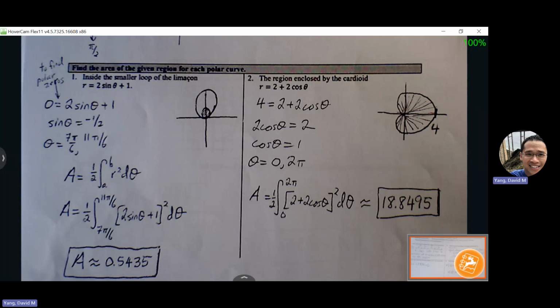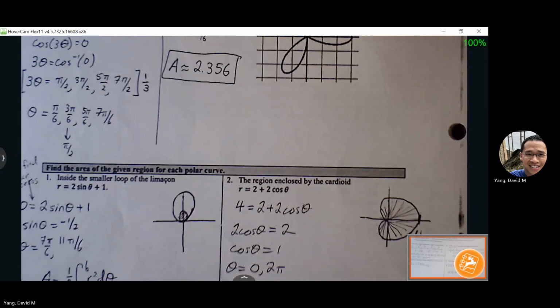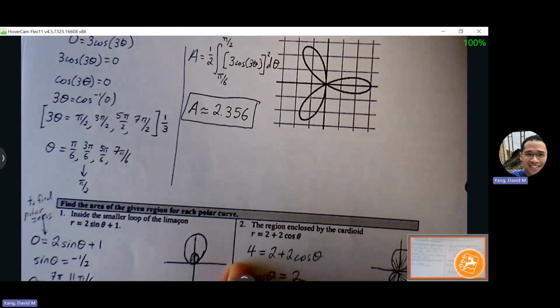Set it equal to 4 when all the others we say equal to 0. Well, I think I messed up. I think that should be 0.